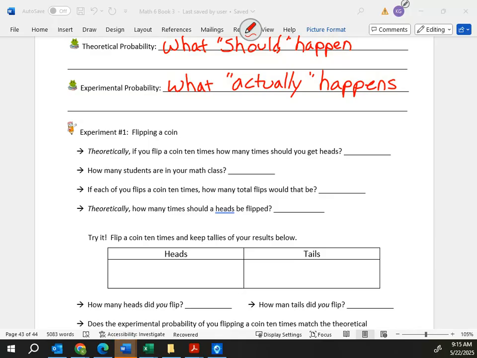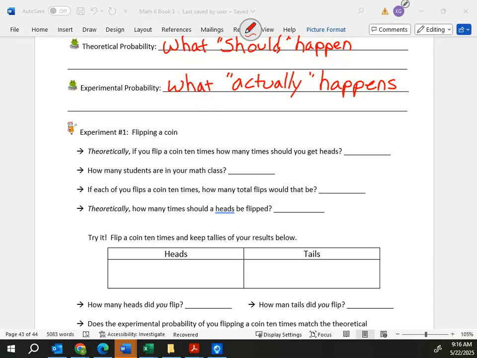So we're going to talk about thinking about it theoretically. You flip that coin and you could get heads or tails, right? So if you flip the coin twice, you should get a heads and you should get a tails, right? That theoretically would make sense. But experimentally, is that how things always happen? No, sometimes we get lucky, right?